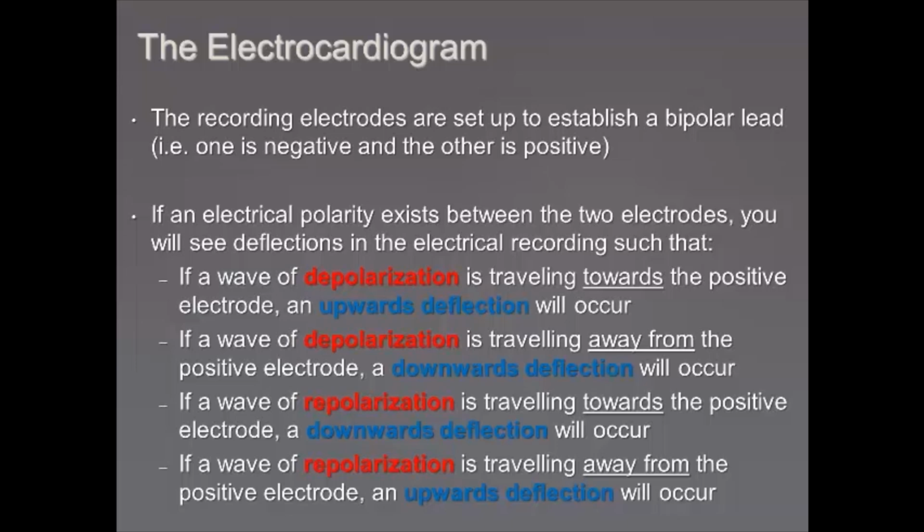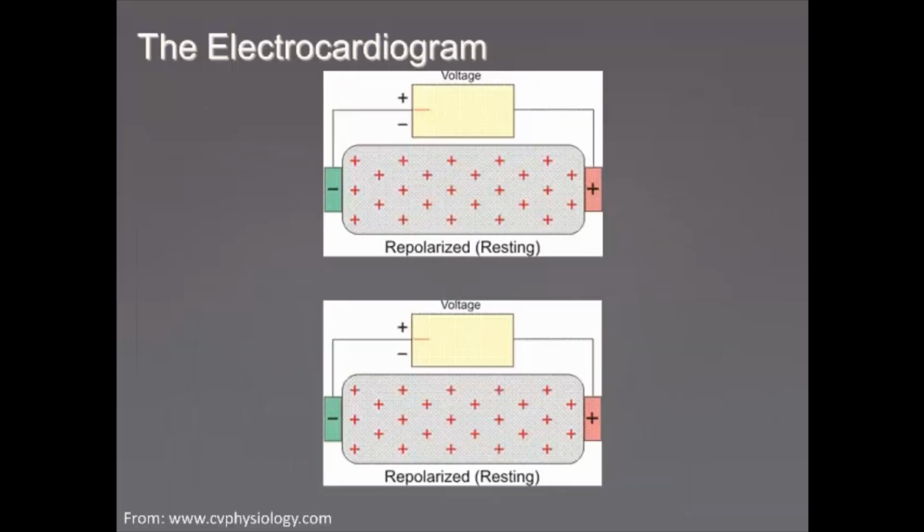Finally, if the wave of repolarization, this positive wave front, is traveling away from the positive electrode towards the negative electrode, we have an upwards deflection in our graph. Over the next couple slides, watch the animations and make sure that this makes sense to you. You may want to look at one at a time, but just watch the animation and see if you can predict what's actually going to happen in the graph.